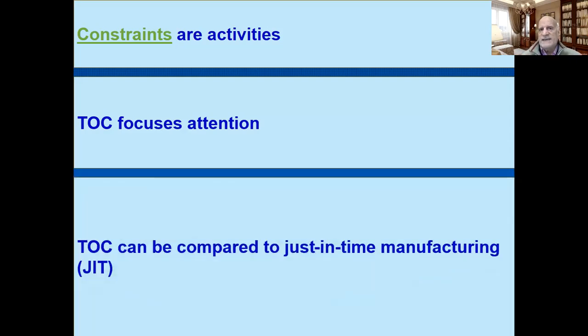Theory of constraints can be compared to just-in-time manufacturing, in that both are aimed at reducing cycle time and reducing inventory levels.